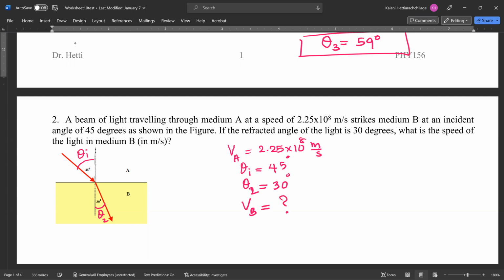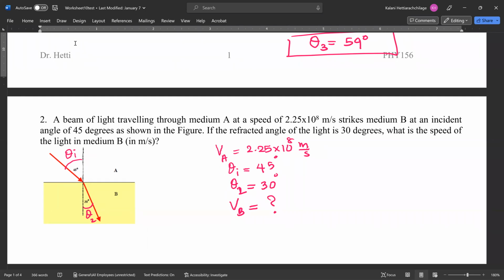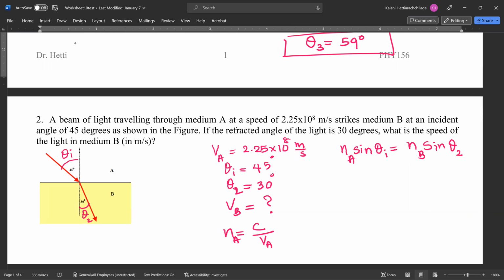Find this, right? So how are we connecting velocity? Because that's the definition of the refractive index. So now let's write Snell's law first. NA sine of theta incident is equal to NB sine of theta 2, right? Now N is basically the speed of light divided by the speed in the medium. So for A, that will be A. For B, that will be B, right?